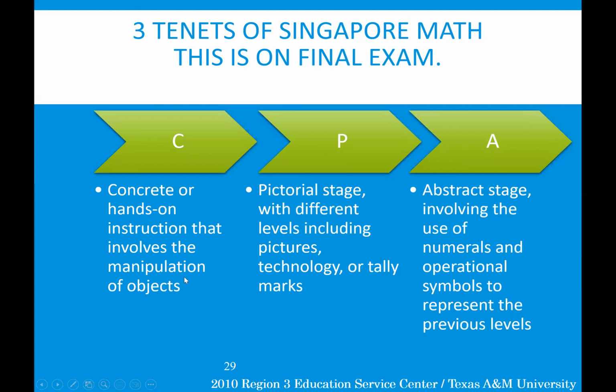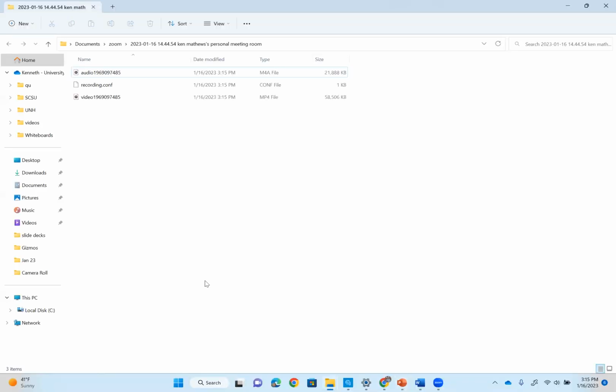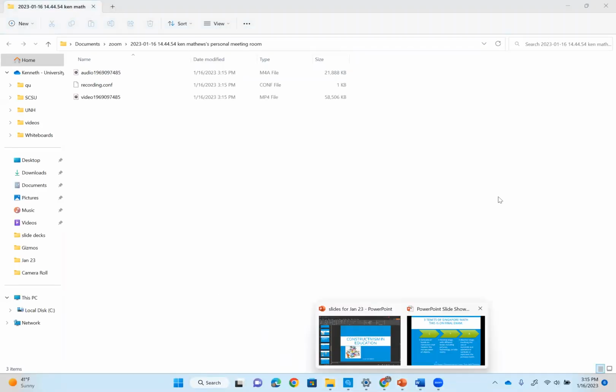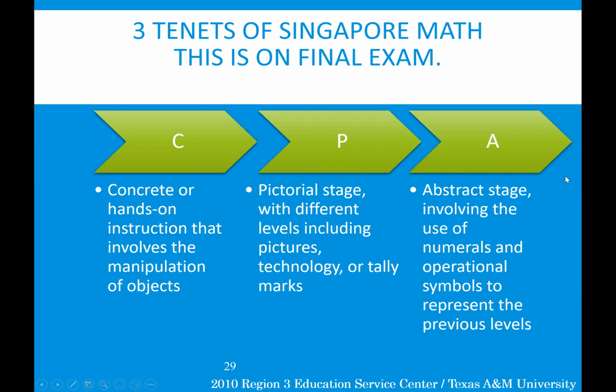First, those pictures look like the concrete objects, then they look more abstract. Then finally, they move into the abstract stage of learning, where they're using numerals and operation signs to symbolize the mathematics and solve problems. And it's at that abstract stage that we want everybody, but we want them to get there by the CPA process.